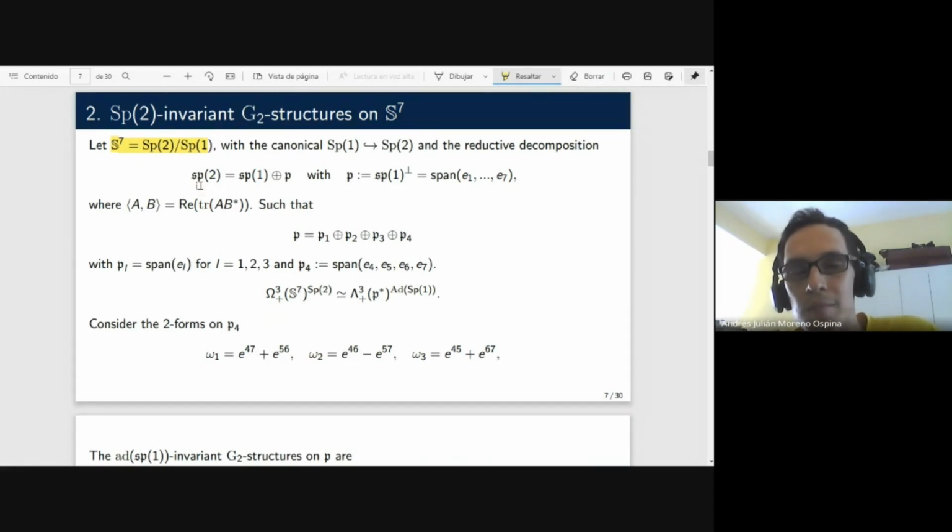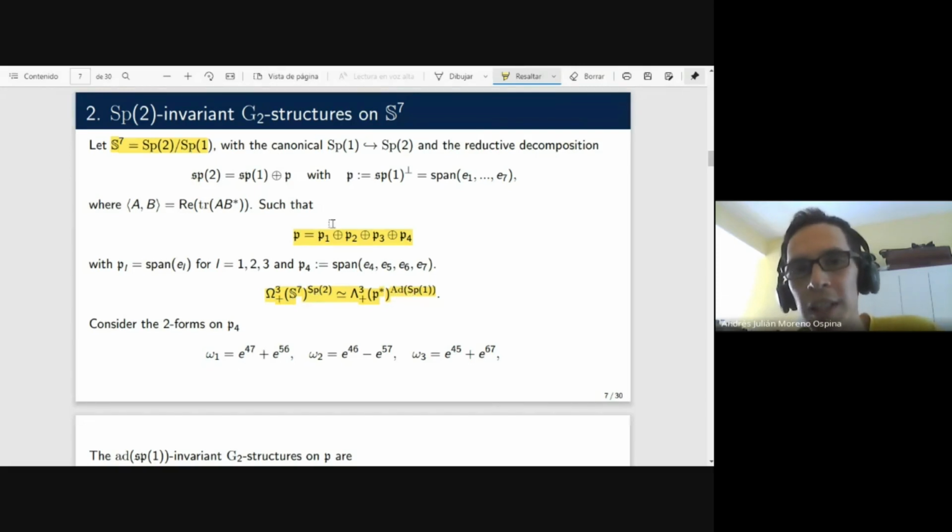And as you do all the things that Professor Lino said in the previous talk, you have an isotropy decomposition into irreducible submodules, invariant by the action of the adjoint representation. But the key point here is that you can describe the invariant G2 structures as the invariant 3 forms on the isotropy representation, which are invariant by the adjoint representation.